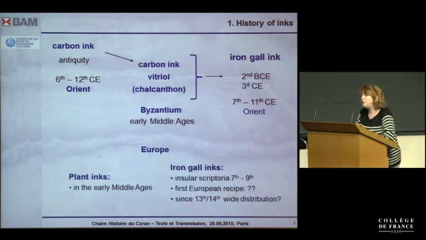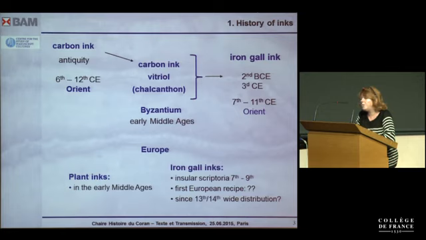Now, when we go to Europe, we know that there were also plant inks that were used extensively. Greeks were using plant inks. Also, some plant inks were used in Northern Europe. At the same time, starting about the 3rd, 4th century AD, iron gall ink found its way into the manuscripts.